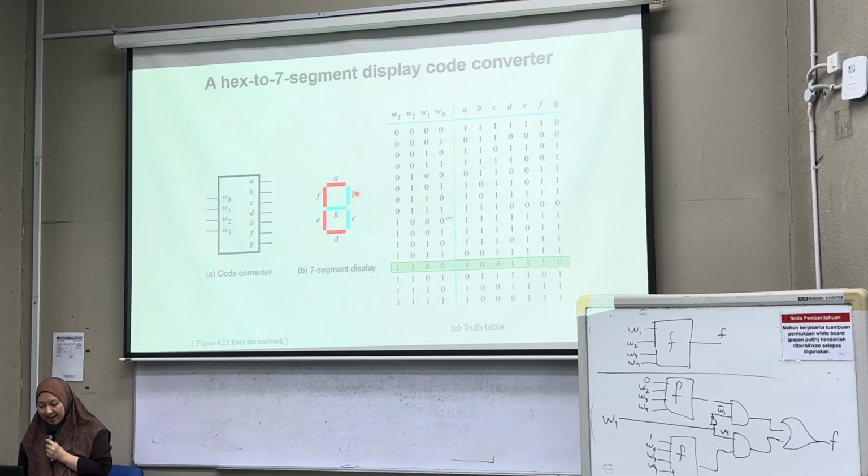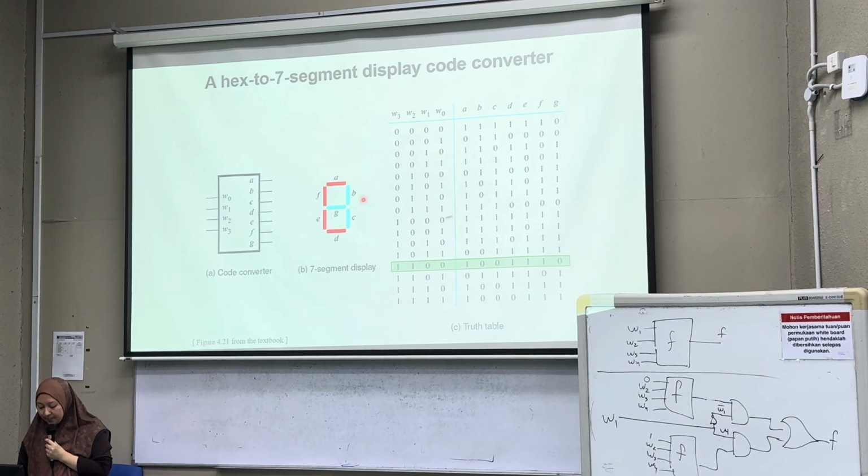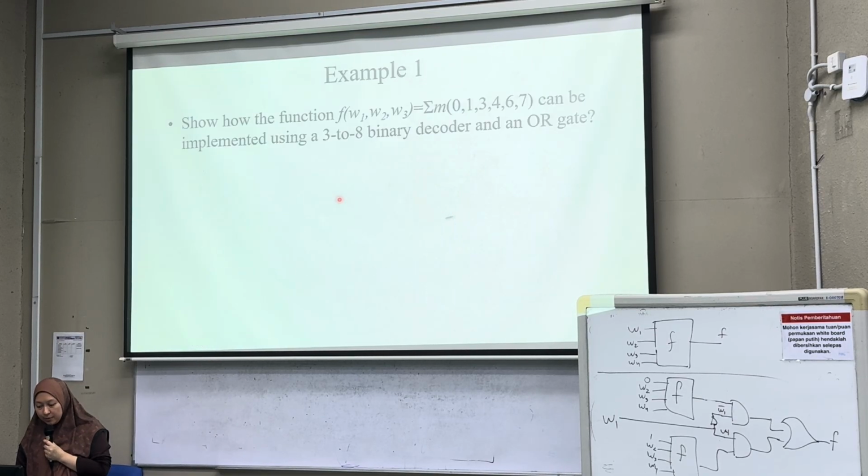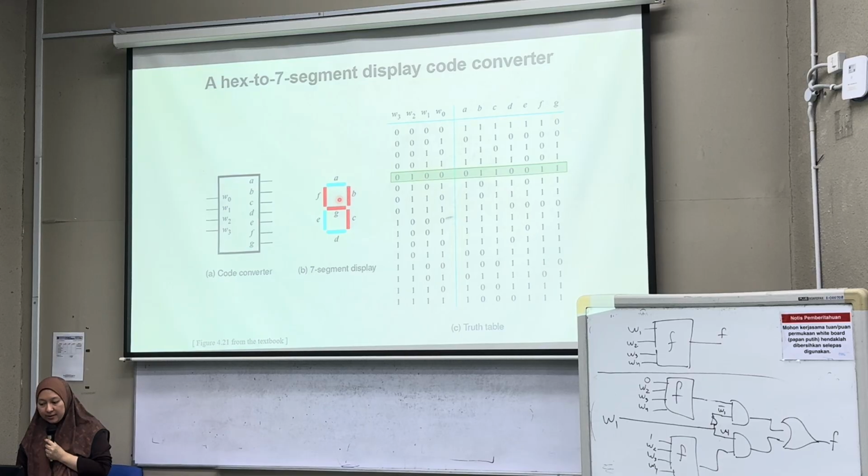So this is C in hex. It changes to show C in the 7-segment display. Right, and so on. This is a 4, so it shows this LED will light up. Okay, so you'll be using this in your labs, I believe.